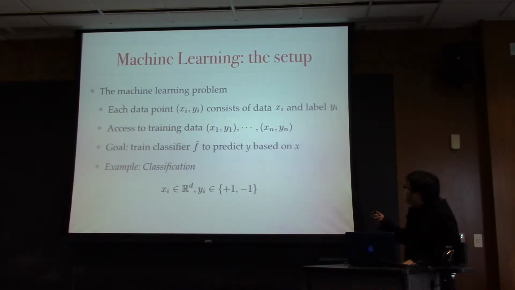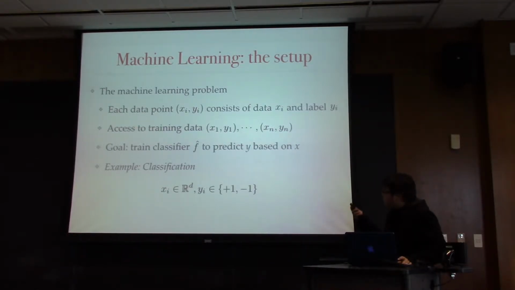So our goal is we have access to n data points. This is called training data. Based on the training data, we want to train a classifier, f hat, or learner, so that this f hat can accurately or approximately predict the label y based only on the observation of the data part x.